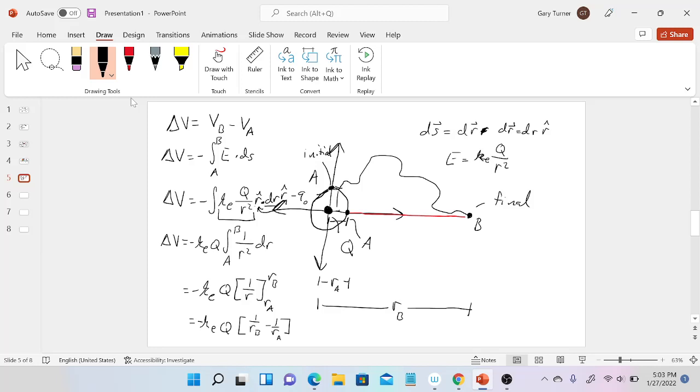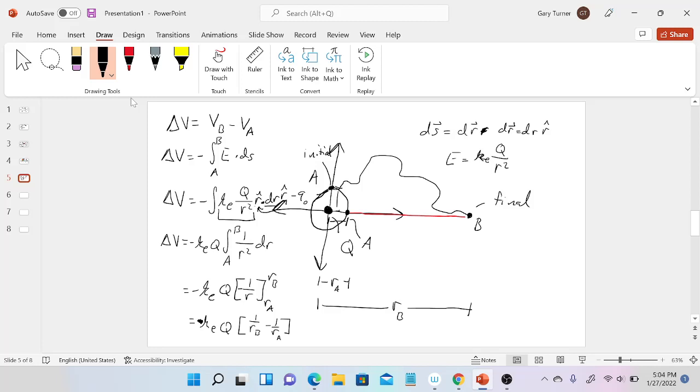Give me just a second here. Oh, no. That minus sign went away from the integration. That was what I was missing. The integral of 1 over R squared is minus 1 over R. And so that minus sign cancels with that minus sign. And we get this.